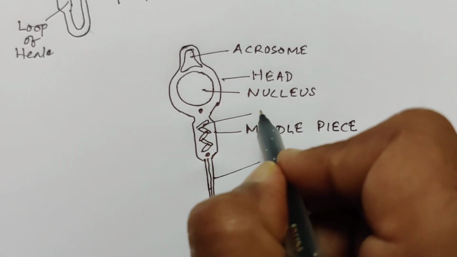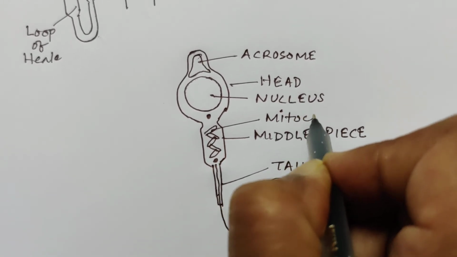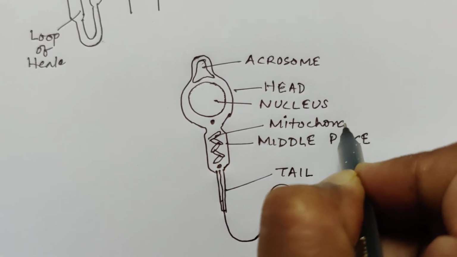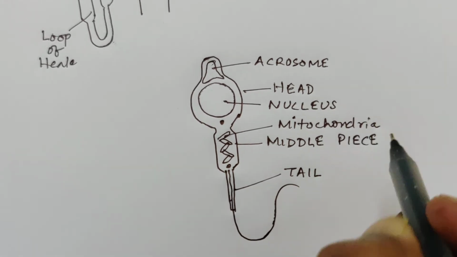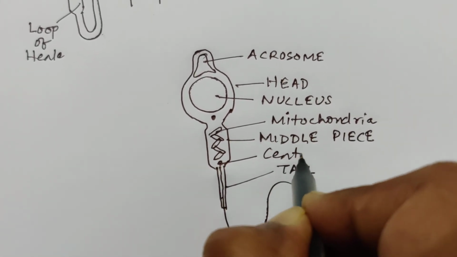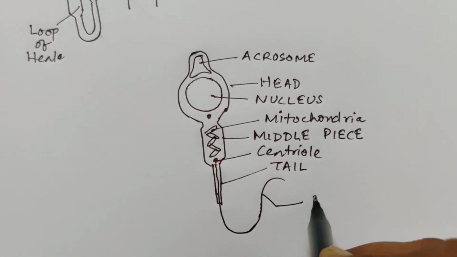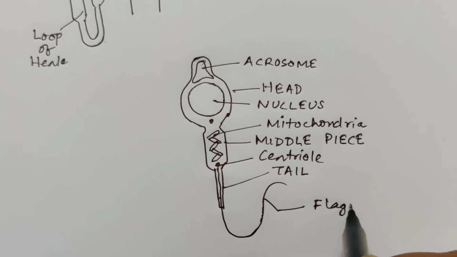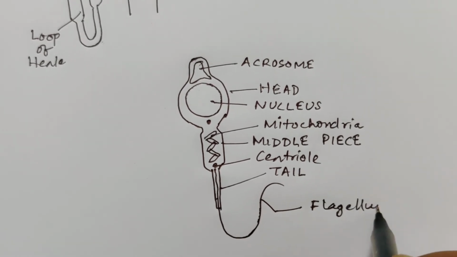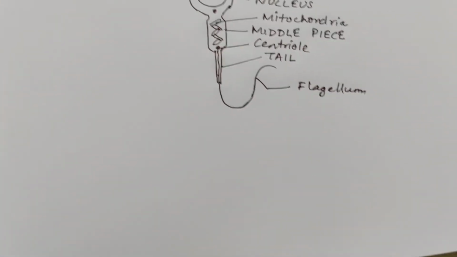This is mitochondrial spiral. Just simply you can write mitochondria, no harm. This is centriole. This is flagellum. So it's the simplest way of drawing a sperm.